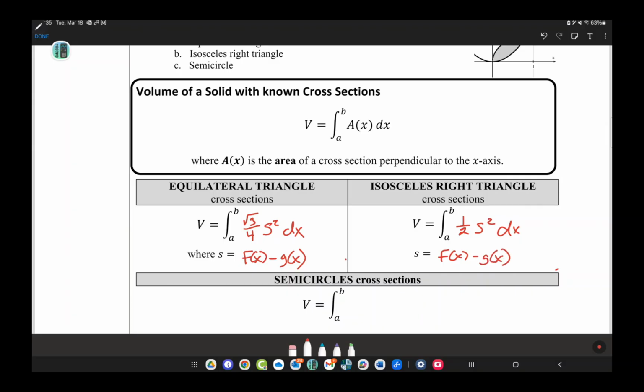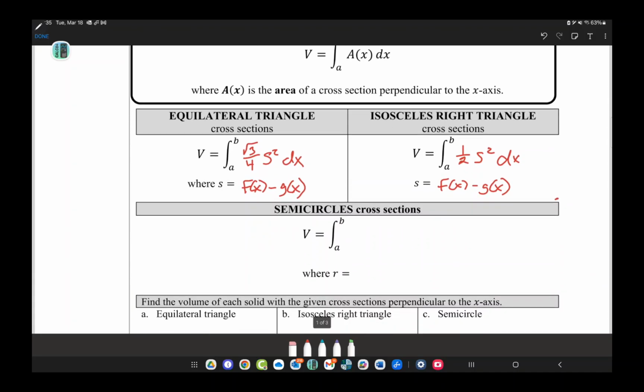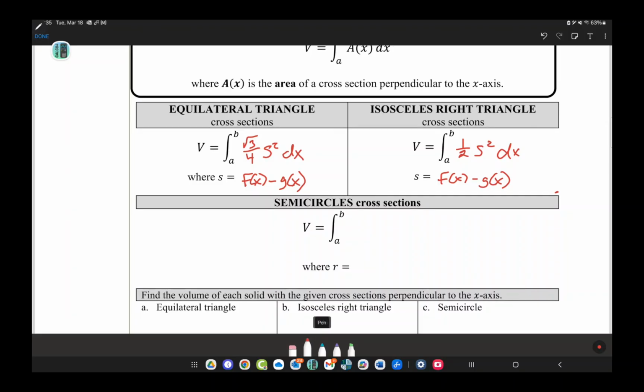Now, it is the circle, or the semicircle, that gets a bit tricky. Because you do know the area of a semicircle, right? What's the area of a semicircle? Pi r squared. All right. But here's the issue.